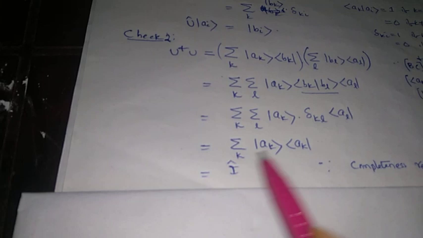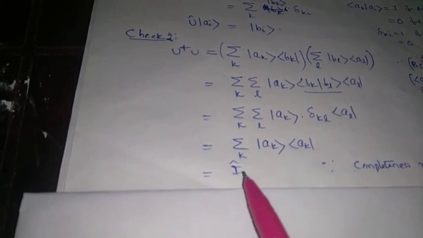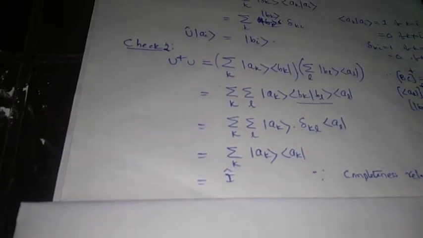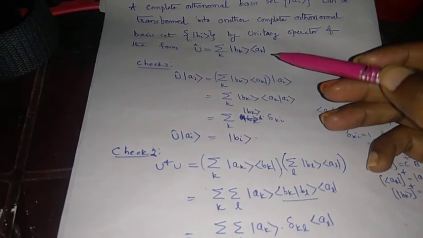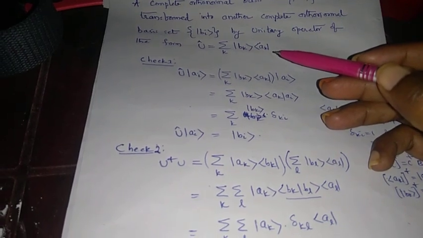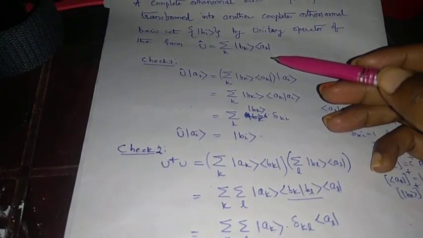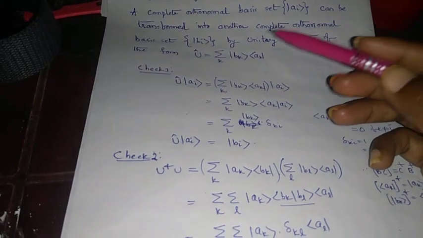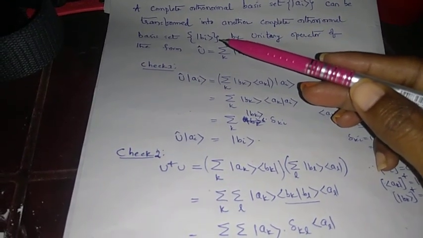So the summation over l will give you a_l equal to a_k. And then from the completeness relationship, this summation is also equal to the identity operator I. Therefore we can say that the operator U, which we have taken as the summation here, is actually transforming your basis set a_i into another basis set b_i.